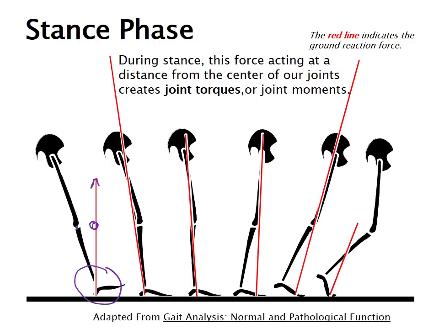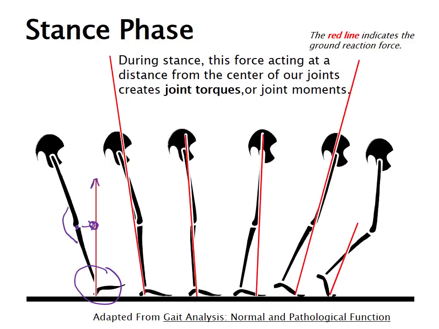However, it acts anterior to the center of the knee joint. So it's anterior. So what is this doing? Well, this force is trying to extend the knee. So to counteract that force, our knee flexors are probably active at the very, very beginning.